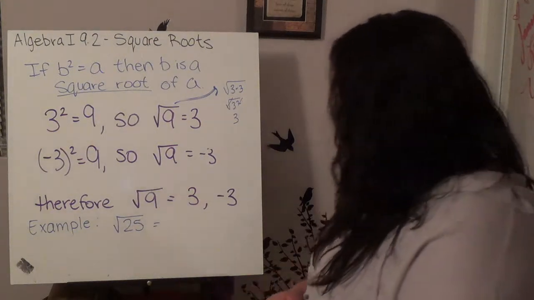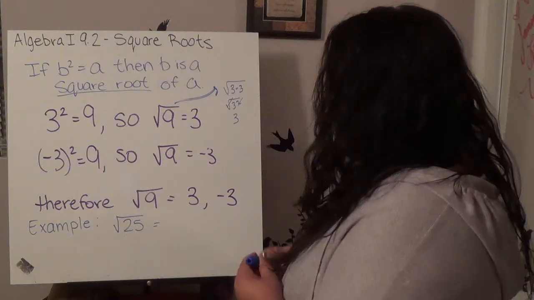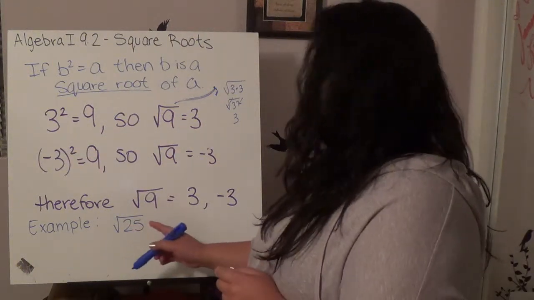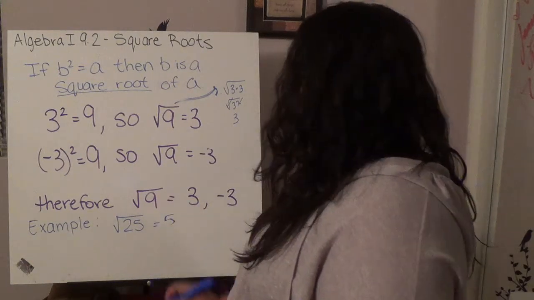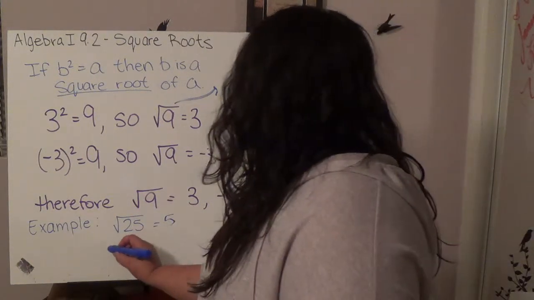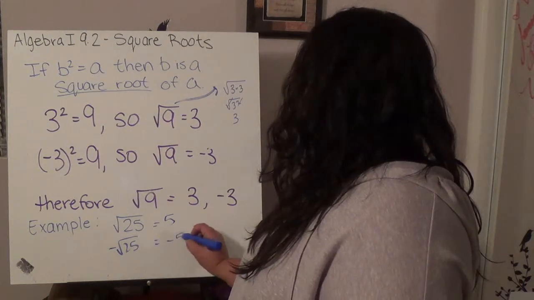So here's the thing. If it gives you the square root of 25, all you need to worry about is the positive 5. If they tell you the negative square root of 25, your answer is going to be negative 5.